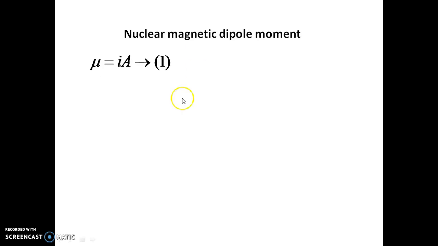Students, we know that whenever there is a current flowing in a circular path, suppose like this, in a closed path, this acts like a magnetic dipole, and so it also has a magnetic moment.